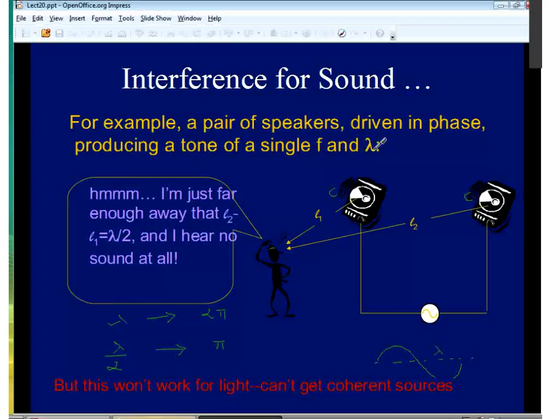The problem with light is how to do this type of thing. If you look at some incandescent bulb or some other vapor lamp, think of Bohr's model, all sorts of jumps electrons are making.